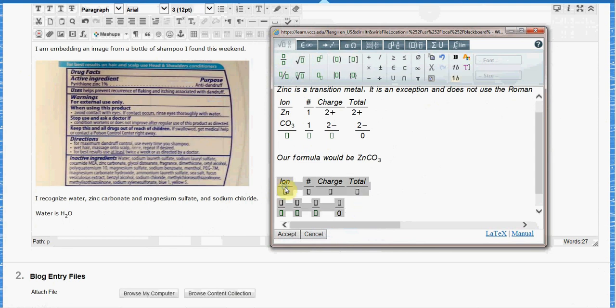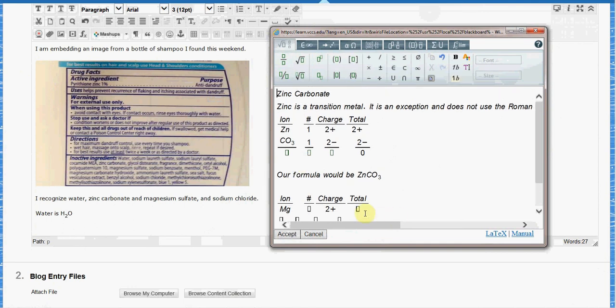I'm going to copy this for next time. So for magnesium, we know that magnesium is an ion. It's in group 2, so it has a 2+ charge. So magnesium sulfate is a compound that contains a group 2 metal and a polyatomic ion.